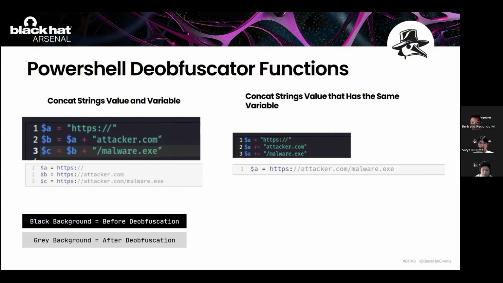From this function, we can see the result in the picture below that the A variable value is only one line, which is https://attacker.com/malware.exe. So we combine the different values from the second and third lines, which have the same variable, A. That's it.